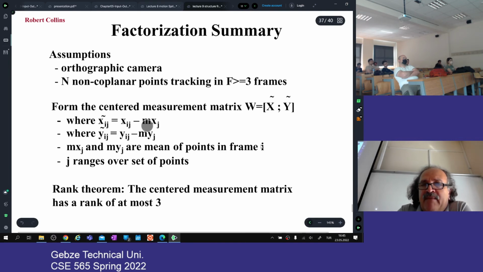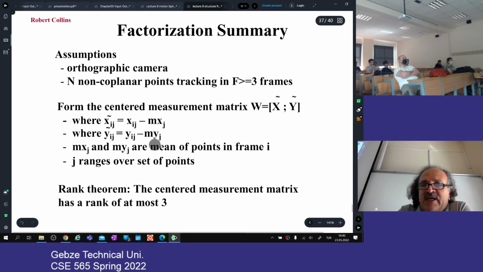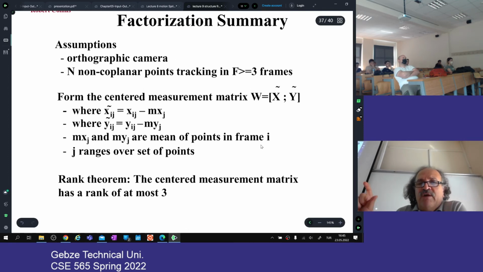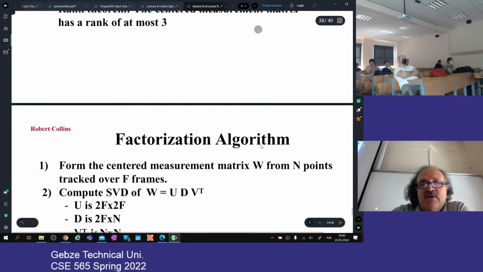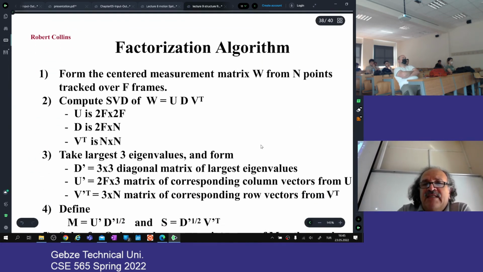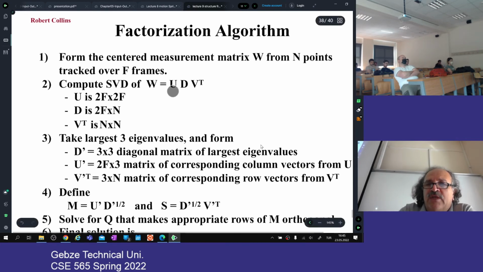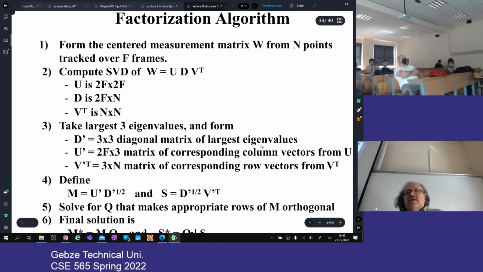Calculate this mxj and myj, and once you get these values, you have your large 3F by N matrix. Once you get this matrix, run the singular value decomposition. After you get the decomposition U, D, and V, you know what to do.